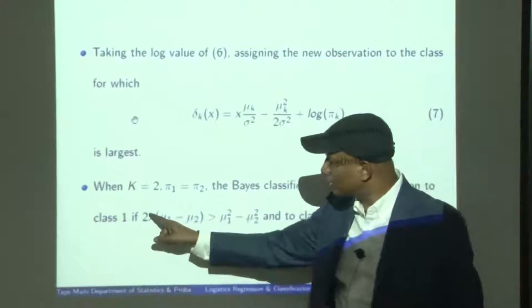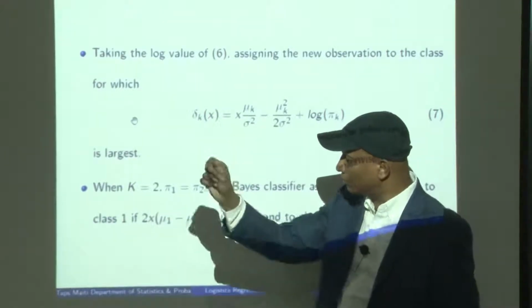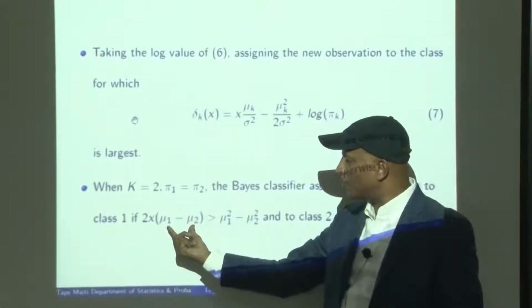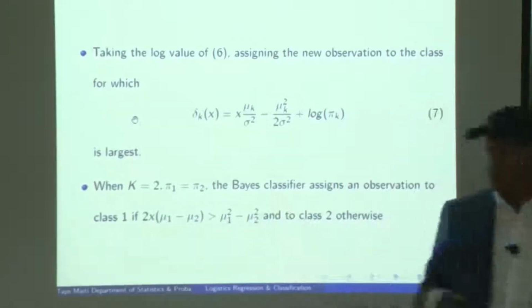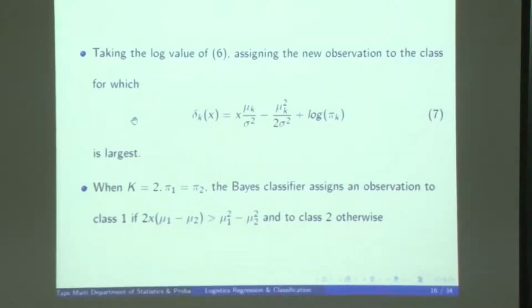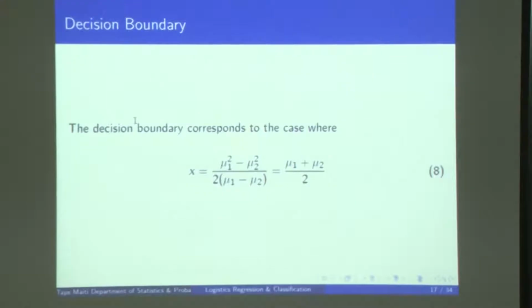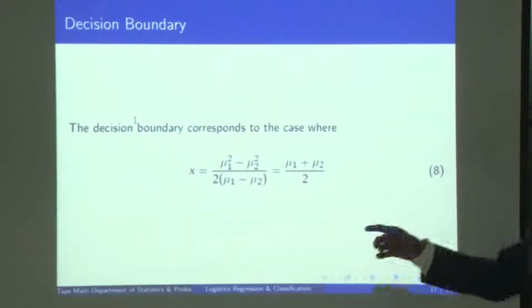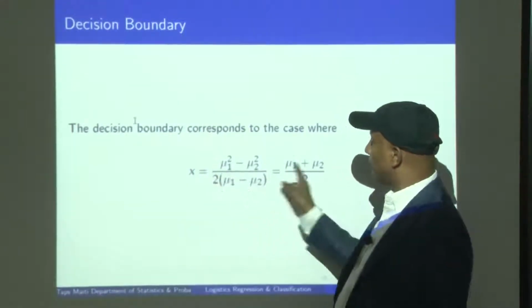So this is the observation for the new person, difference of the means times 2 bigger than the square of the differences of these two means. That's the thing.